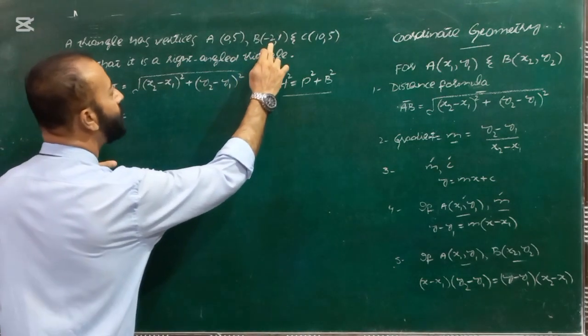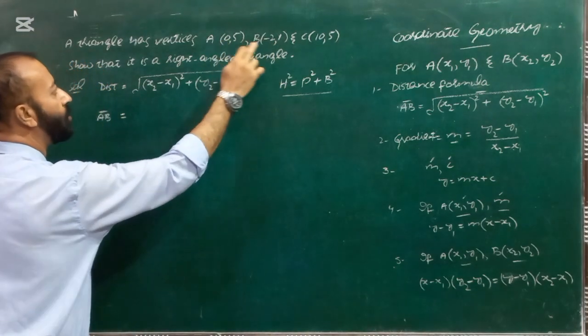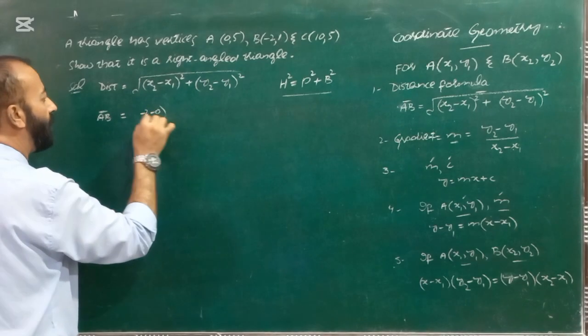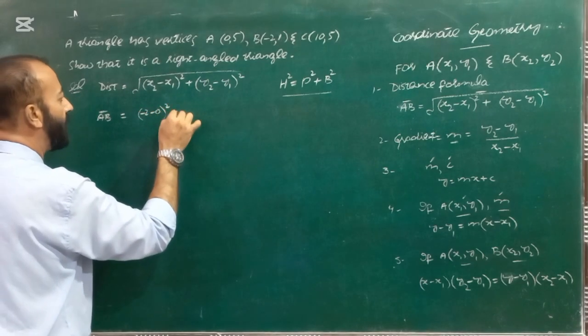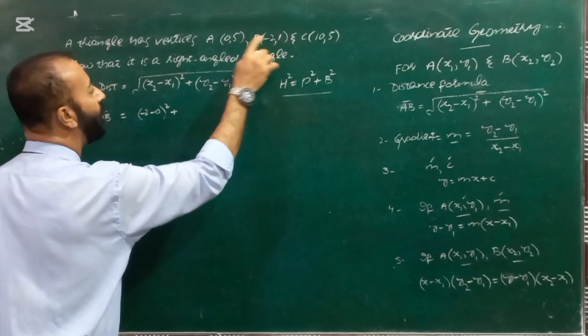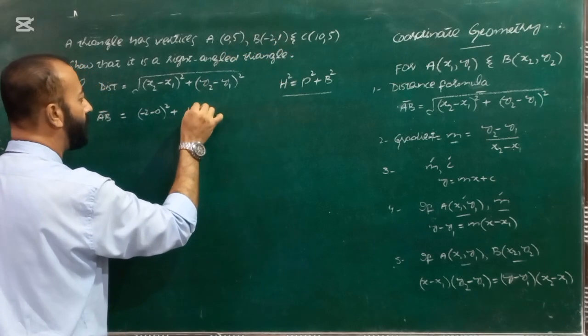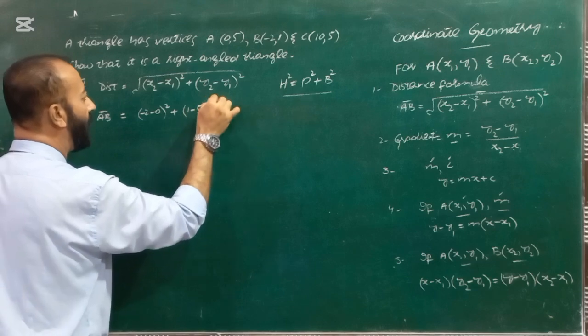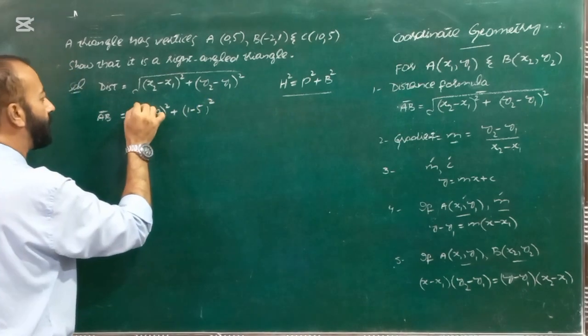So look now, x2 minus x1: minus 2 minus 0, whole square, plus y2 minus y1: 1 minus 5, whole square, and whole square root.